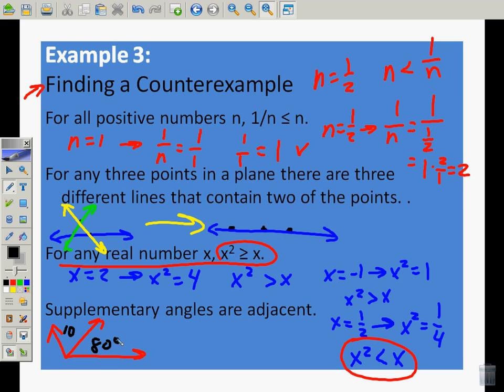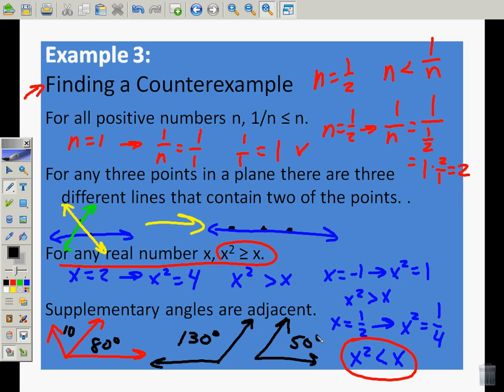Well, if I have 2 supplementary angles, let's say 130, and I can draw this, and over here I've got a 50-degree angle, they don't necessarily have to be adjacent. These two aren't even connected. Okay, so those 2 angles are supplementary, but they are not adjacent. They don't share a common side.